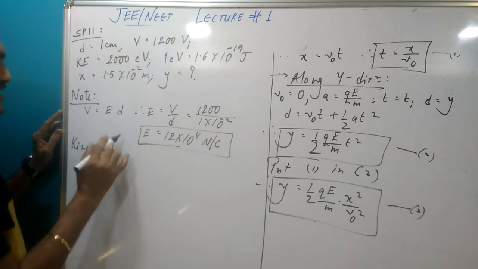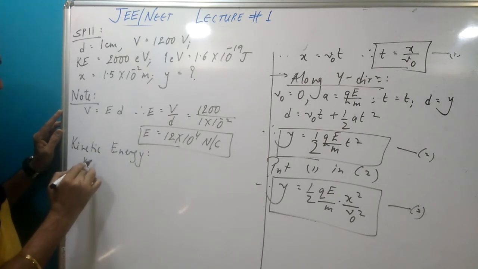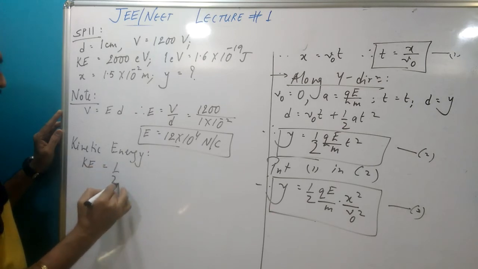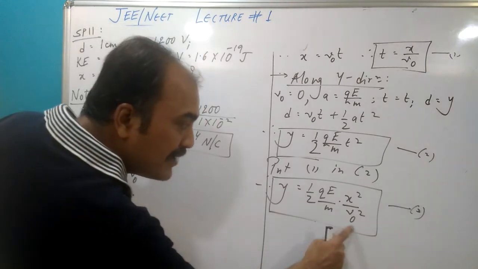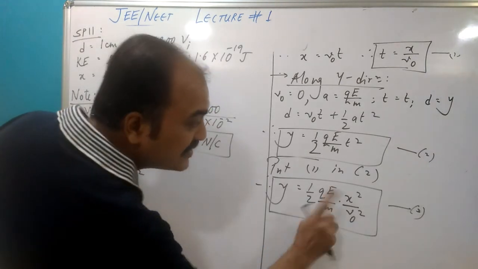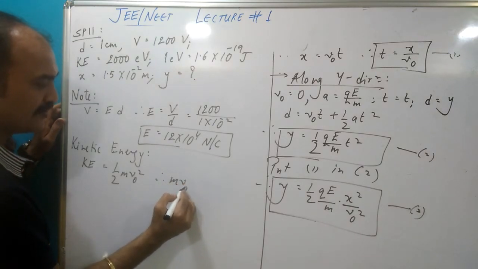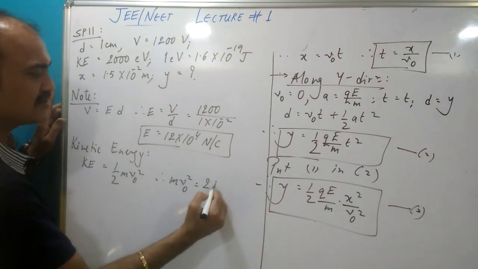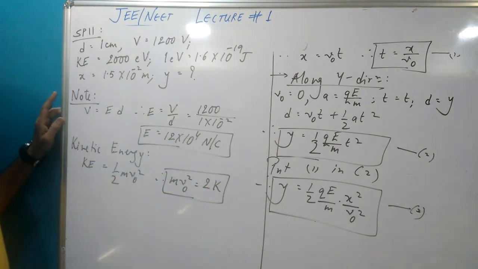Another 11th standard idea, but beautiful nonetheless. You know, kinetic energy is half mv square. One small peep at this formula tells me, sir, it's mv0 square, isn't it? So mv0 square is twice the kinetic energy. This is going to be put in.